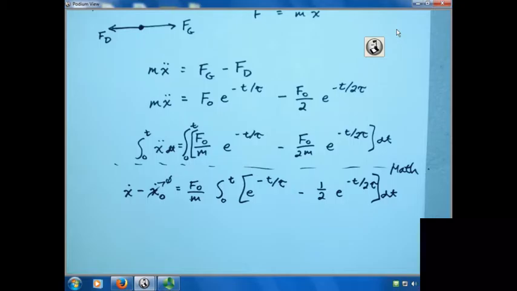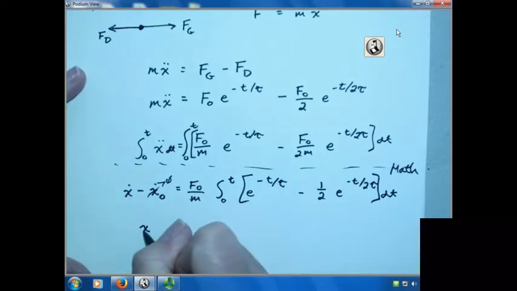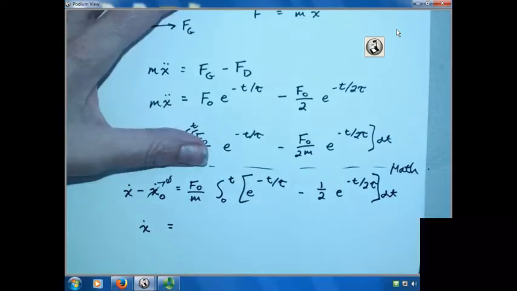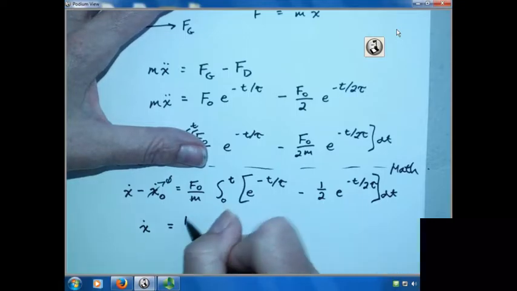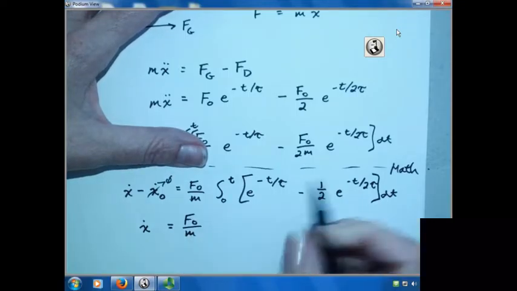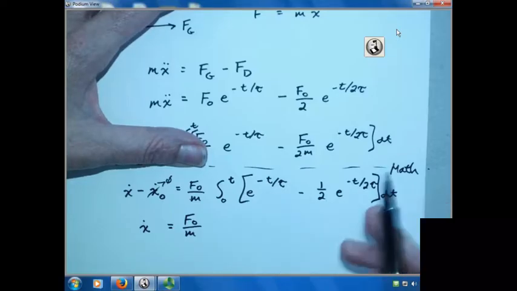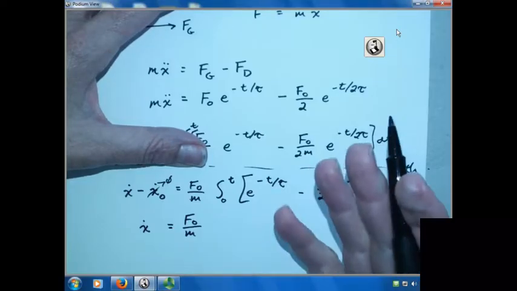Sweet. So now I've got x dot, and you notice x dot will also be a function of time. That's implicit. And now I'm going to note that when I have an integral of a sum or difference, that's equal to the sum or difference of the two integrals.